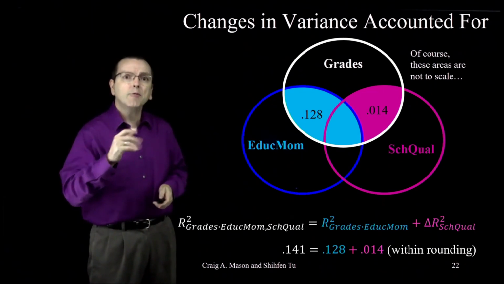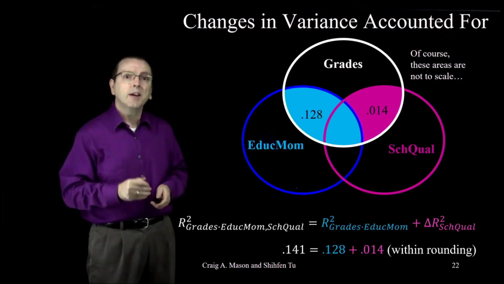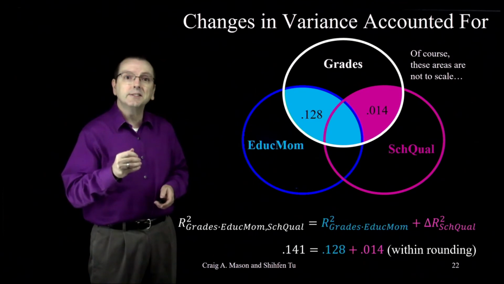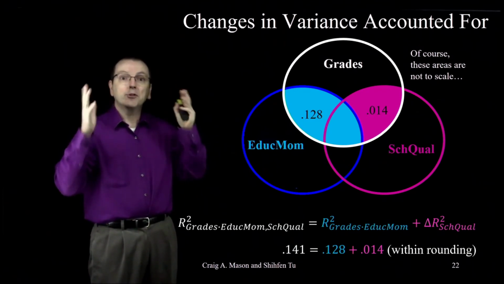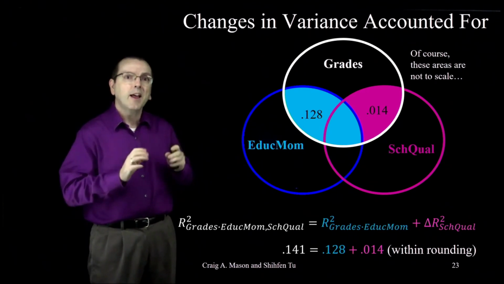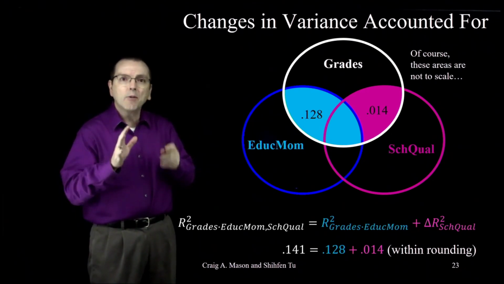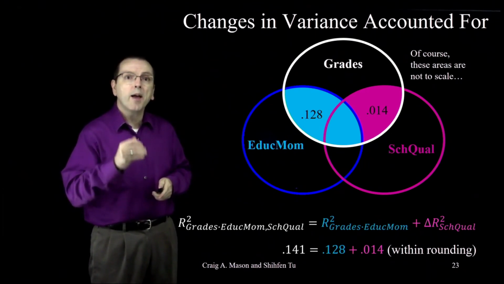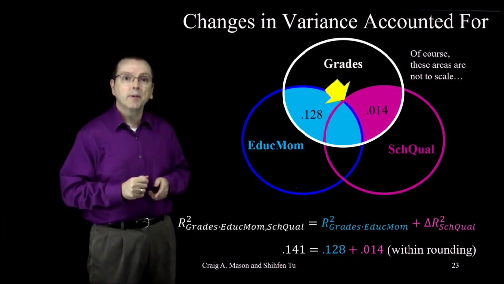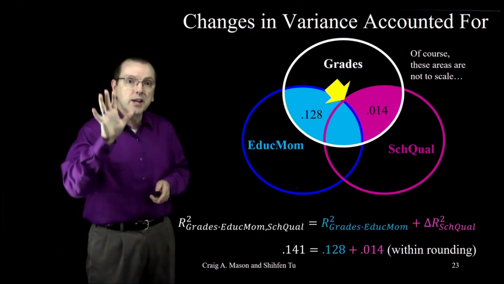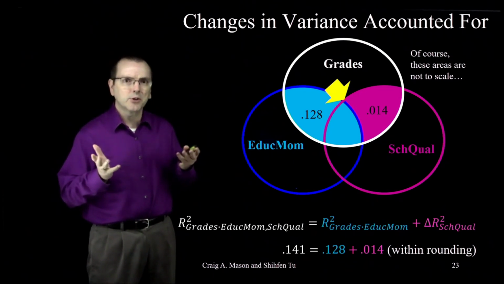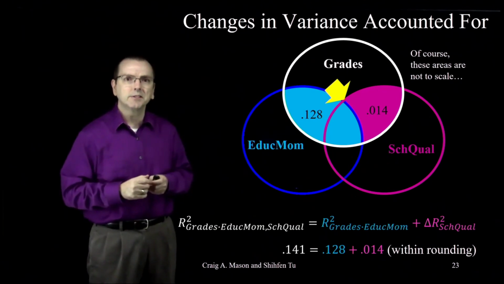Now, notice how from a variance perspective, sequential multiple regression addresses that who gets credit for C problem. And by C, again, remember, I mean that outcome variance that's shared by both mother's education and school quality. Remember, in simultaneous multiple regression, neither predictor gets credit for that part of the variance.